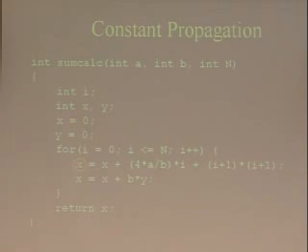Because x is getting modified in here, x is not a constant, so every iteration you get a different value for x, so I can't propagate x in here. But on the other hand, y is assigned to 0, and it never changes within this loop. So I can easily say, okay, I'm going to replace that y by 0. I actually don't have to do that calculation. I get a lot of interesting savings in there.